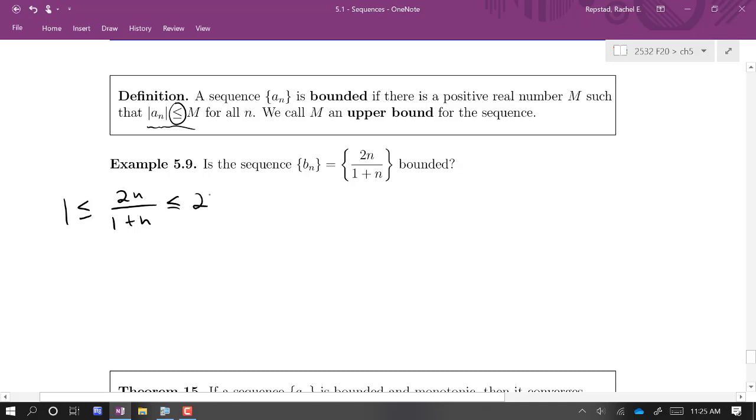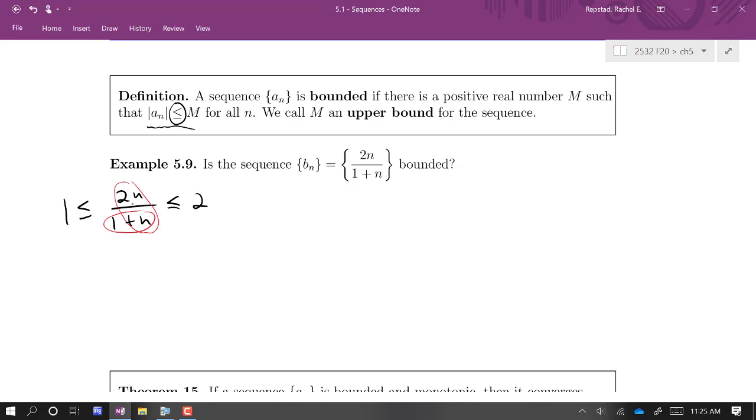The way I know that for sure is that if I just take a look at this fraction, 2n over n, well, 2n over n is equal to 2. But if I take that same fraction and make the denominator a little bit bigger by adding 1, that has the overall effect of decreasing the value of the fraction. If you increase the denominator, the fraction is smaller.